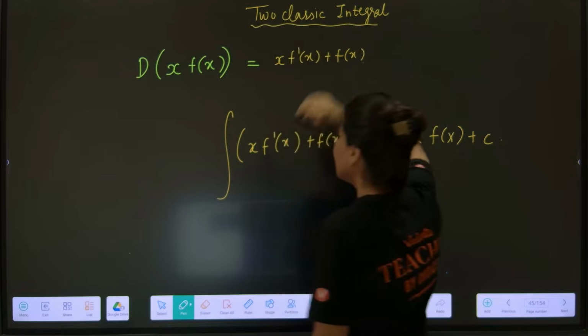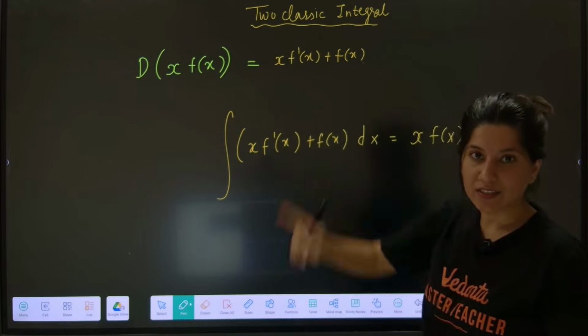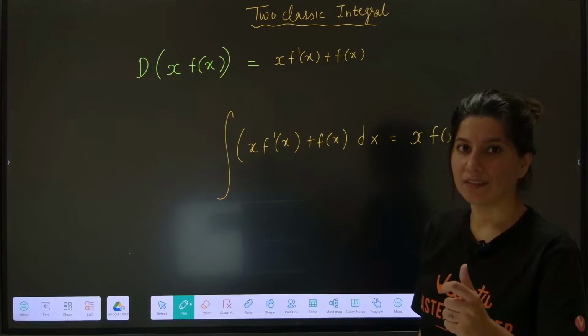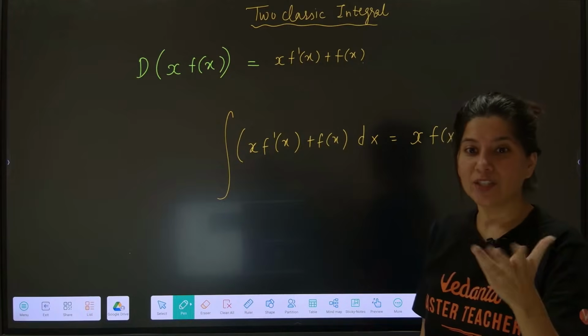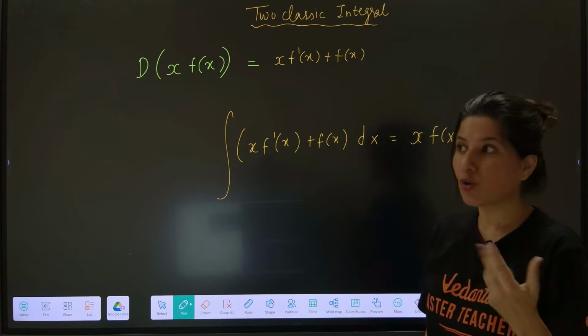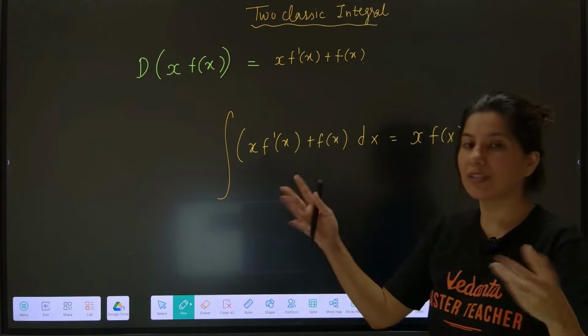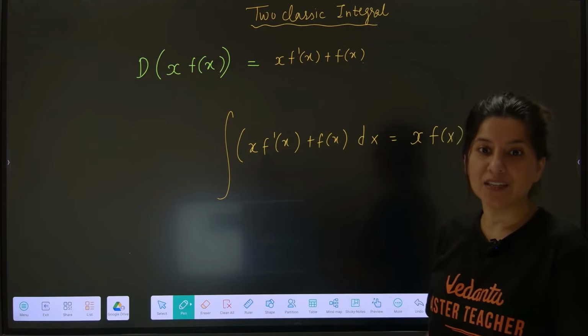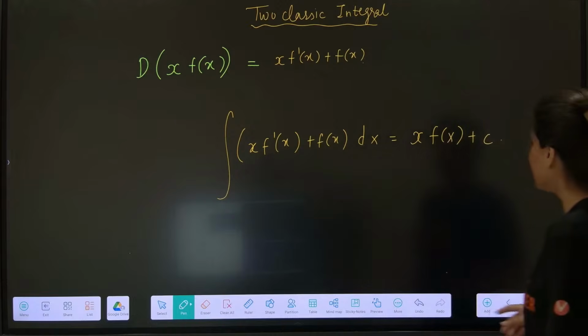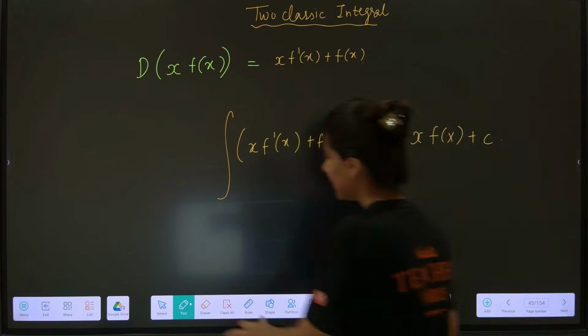Identification of this is slightly difficult, so you have to hit and trial. You have to think, acha, this question is not working with substitution, not with partial fraction, not with this, not with that. Maybe it is the second classic integral. No formula is applicable.